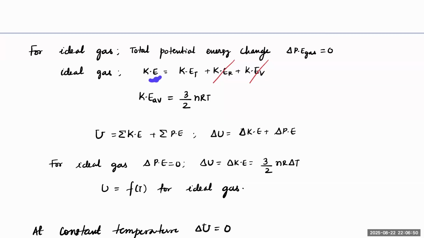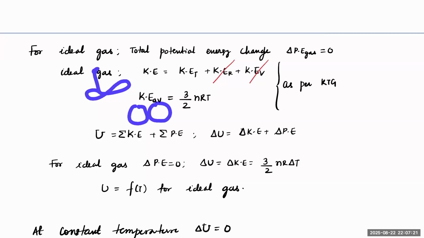And kinetic energy usually has three parts, like I said. There is translational part, rotational part, and vibrational part. And as per kinetic theory of gases, we can assume an ideal gas particle is a point mass, like a point. We are not saying that it has a specific shape.